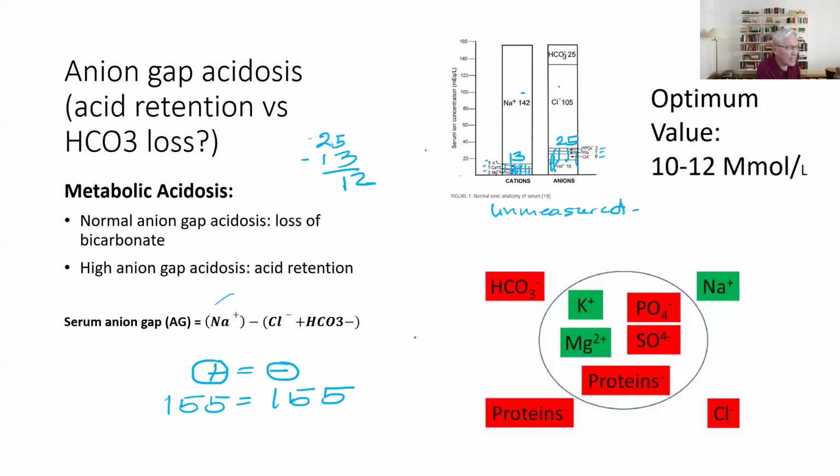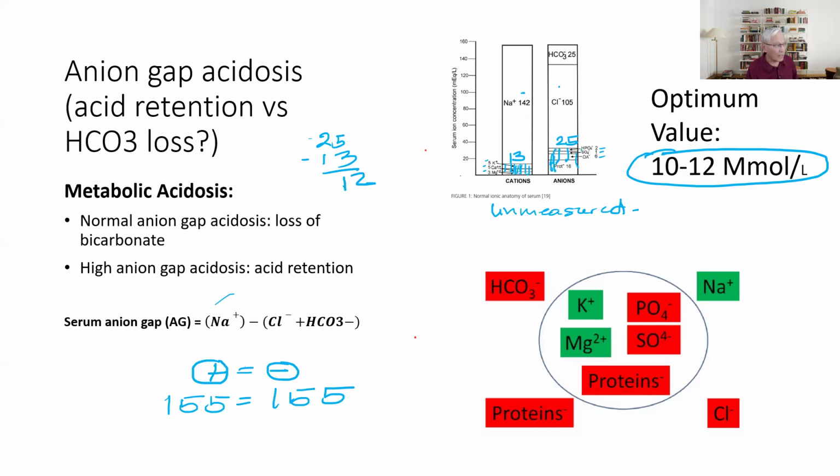So do you understand the optimum value of an anion gap is 10 to 12. This is normal. Okay? Now, however, if you have a loss of bicarbonate, you will have acidosis, but a normal anion gap.